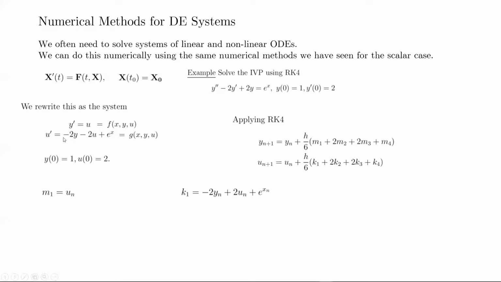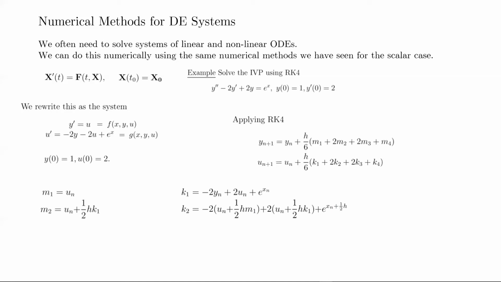So this is going to be negative 2 times yn minus 2 times un plus e to the xn. Okay, so it gets quite messy quite quickly. In fact, I actually think it's easier to code than it is to write down these steps manually. Well, we'll come to that.